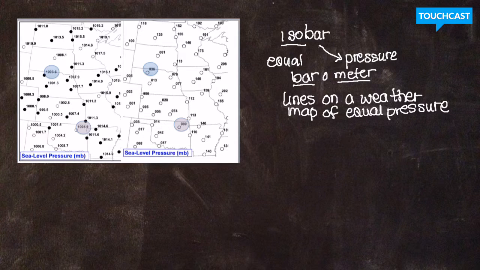So if we look at this picture and we look at the two sides of it, one side has the pressures of each weather station using 5 digits. Well, if you think about having thousands of weather stations with 5 digits on a weather map, that's going to get messy really fast.